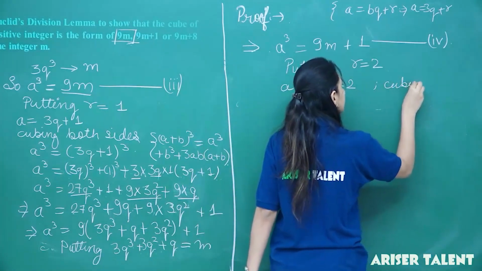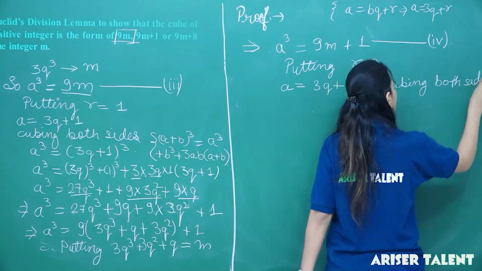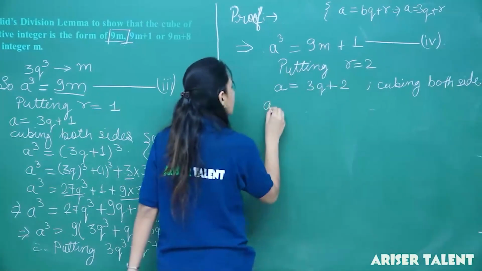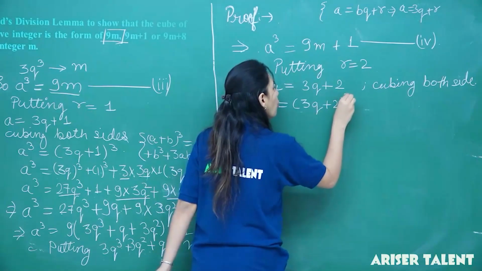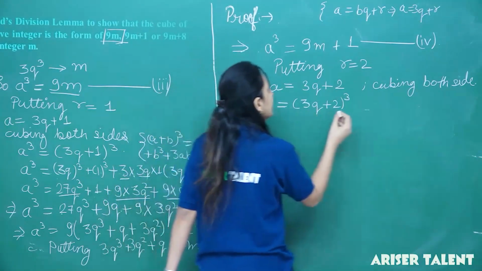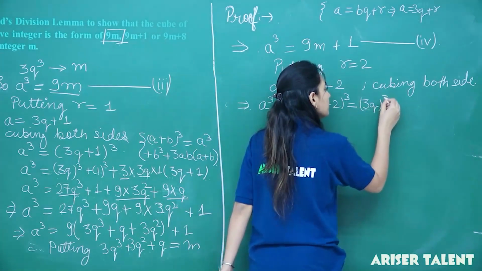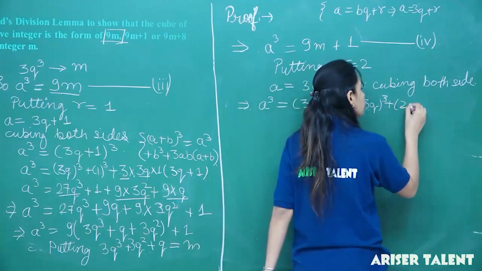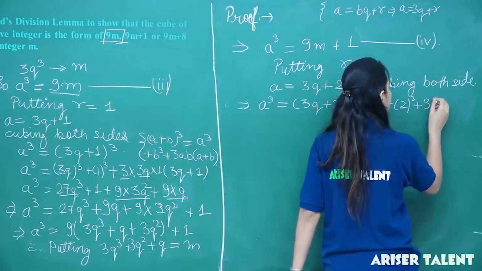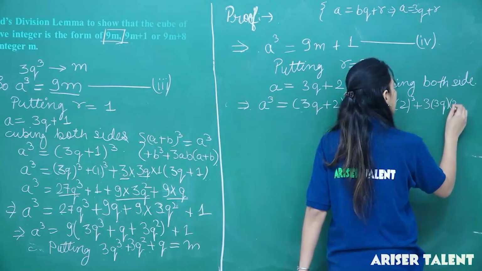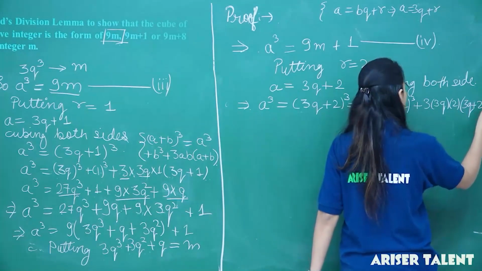Cubing both sides, what will it become? a cube equals (3q plus 2) whole cube, that will become what? 3q cube plus 2 cube plus 3ab multiplied by 3q plus 2.